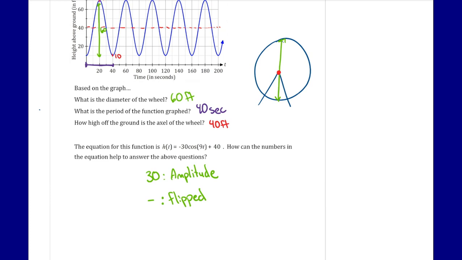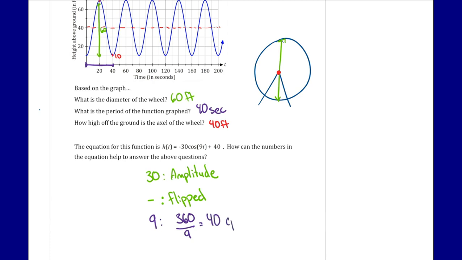Now we're stuck with 9 and 40. 9 is multiplied by t, so that should have something to do with time. What the 9 tells us is that if I do 360 divided by 9, I get 40.